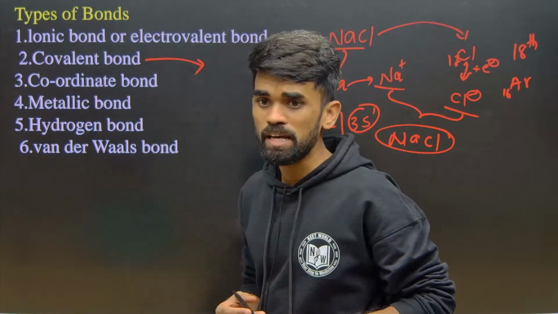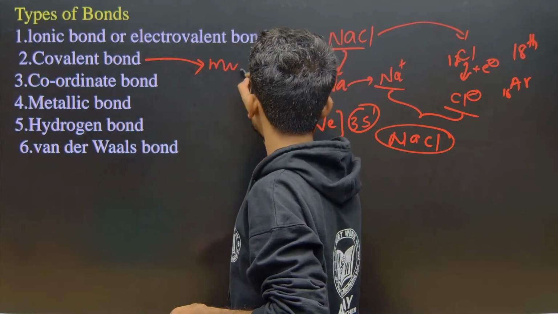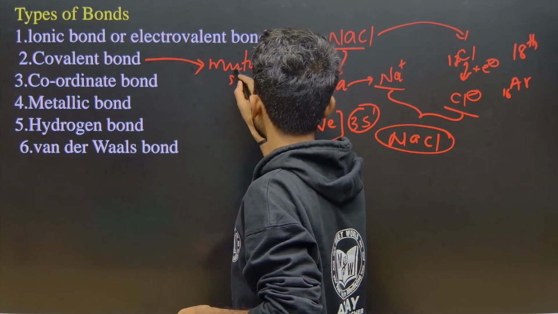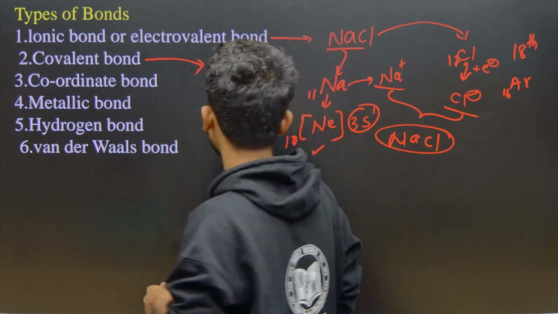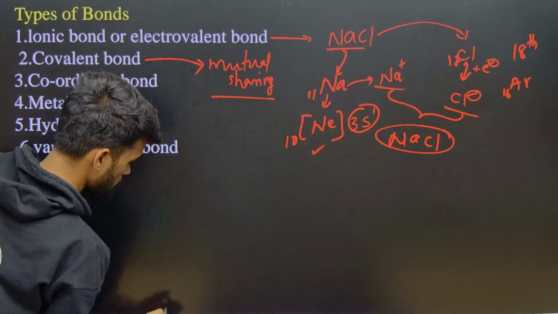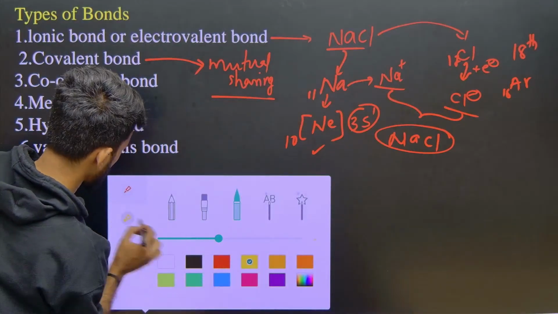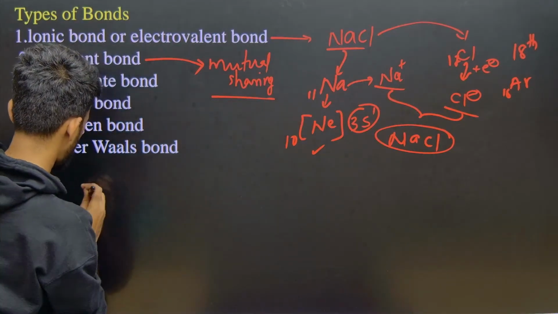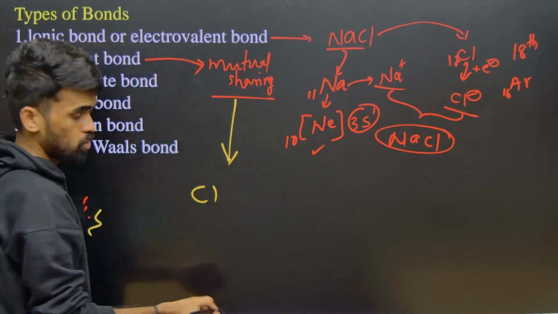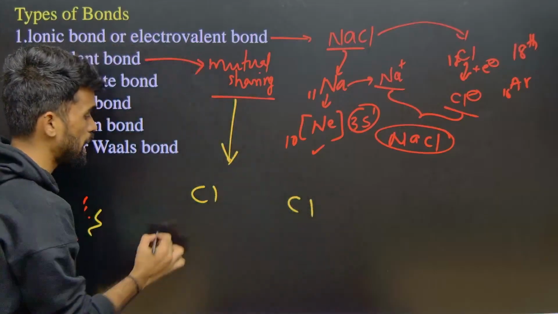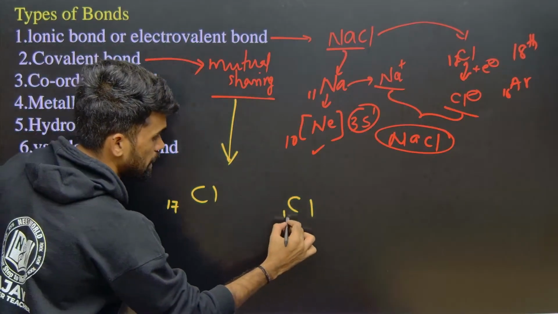It is formed by mutual sharing of electrons. What is this mutual sharing? For example, I am taking two chlorine atoms. How many electrons are there here? 17 and 17.